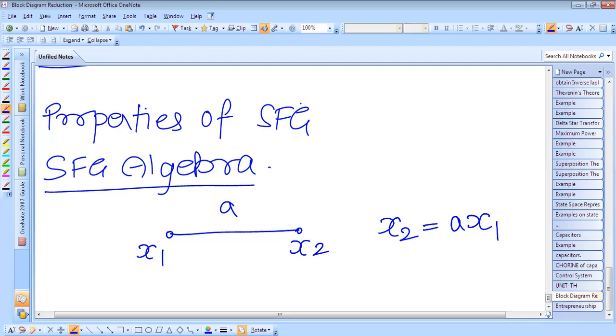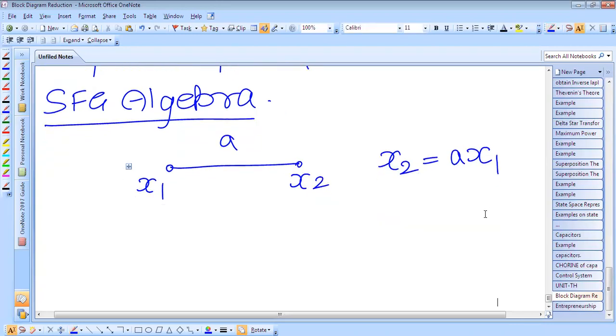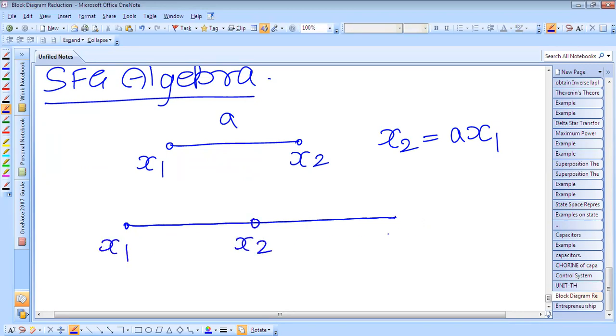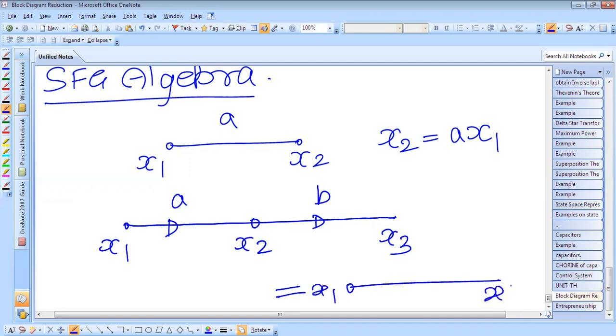For example, like this: this is node x1, this is node x2, this is node x3, the transmittance here is A, here the transmittance is B, and therefore we can write x1 to x3 with transmittance AB.